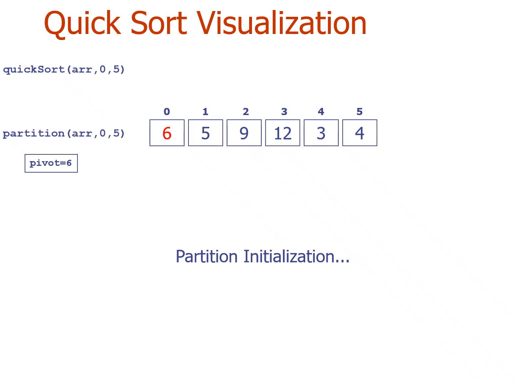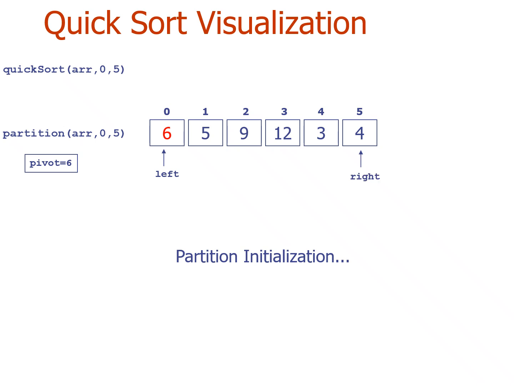Okay? Now, which is the value 6. Now, what do I need to do? I need to put all values less than 6 to the left of 6, and all values greater than 6 to the right of 6.